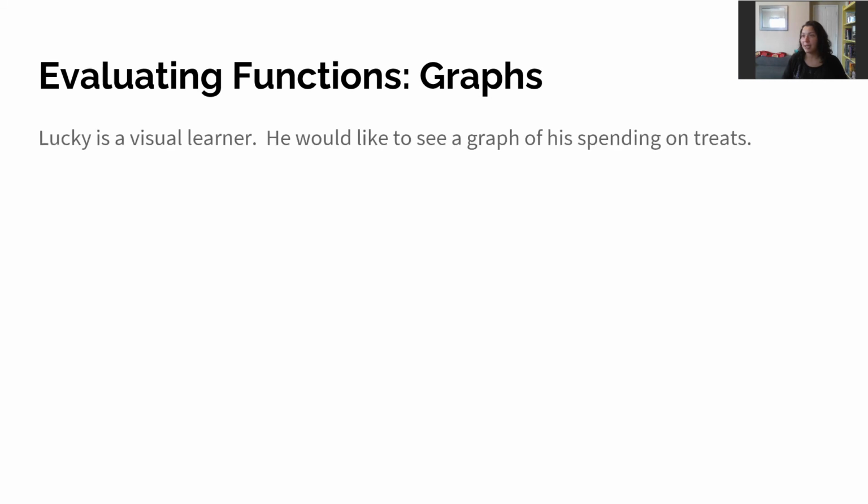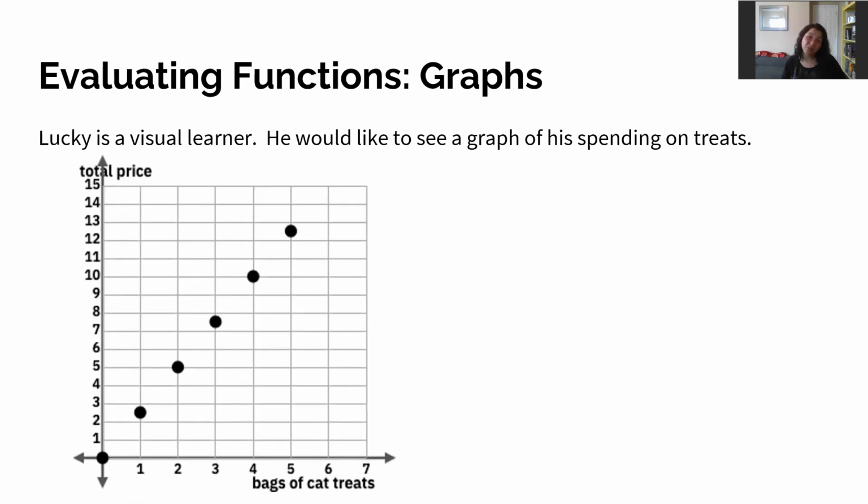Now, Lucky, he's a visual learner, and so he didn't really like the table very much, and he turned it into a graph instead because graphs kind of make a little bit more sense.